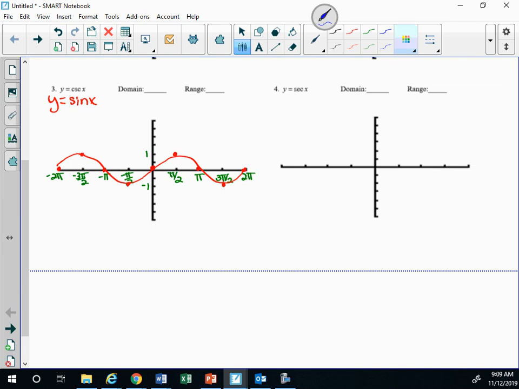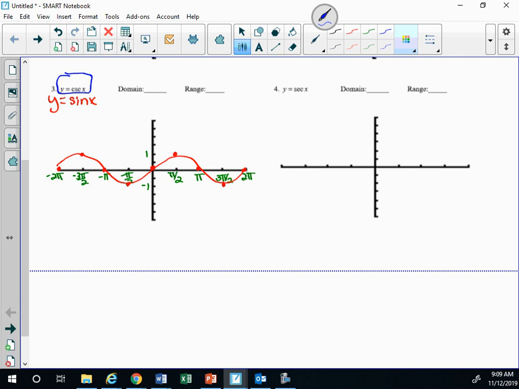Okay, I'm going to switch to blue then to actually make this cosecant. Should we have sine first? All right, so you guys know cosecant is just the reciprocal of sine, right?